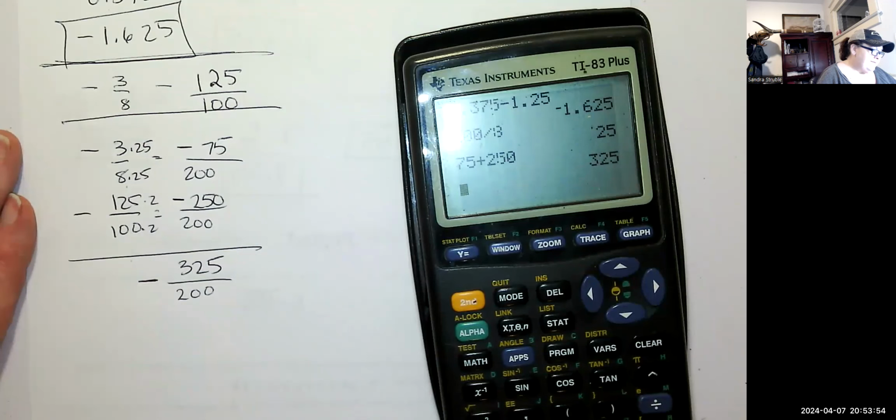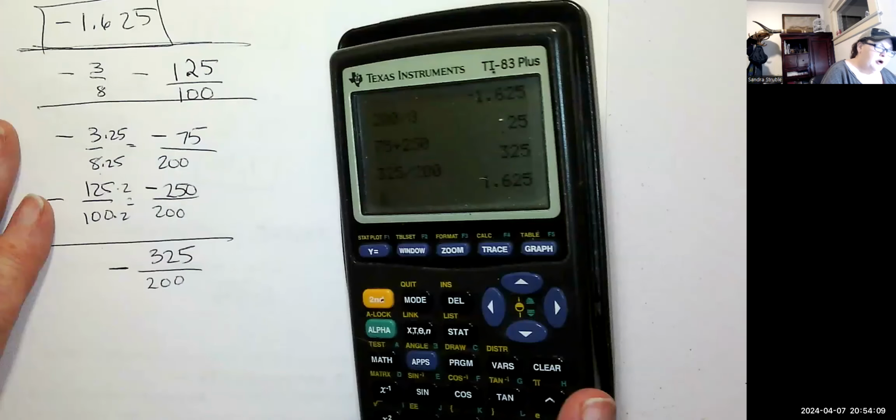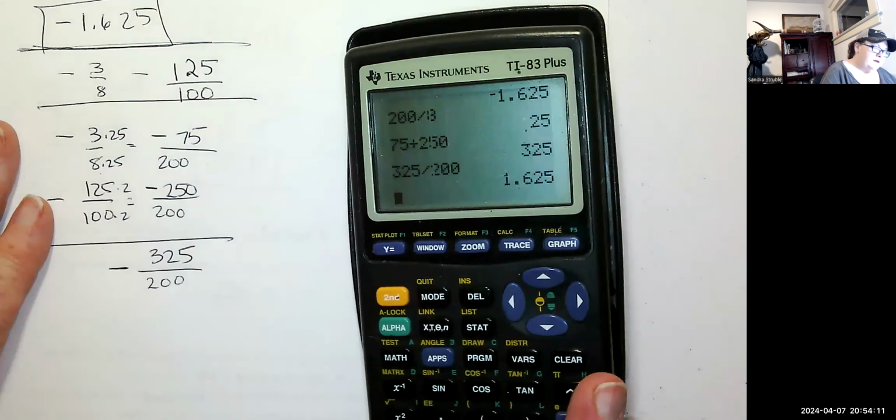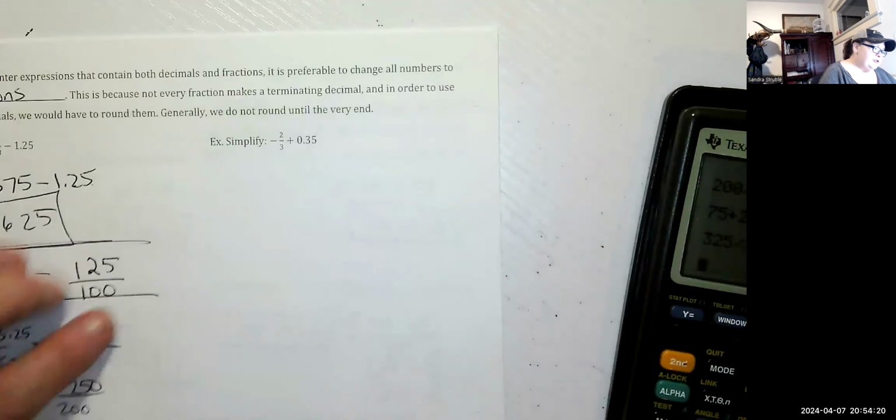So let me think here. I wouldn't even do this. I would put this in decimal form. We're no longer doing the fractions necessarily. So 325 divided by 200 is what? Oh, perfect. 1.625. Negative 1.625. Well, I should have known that.